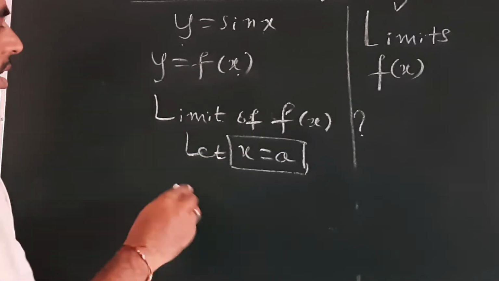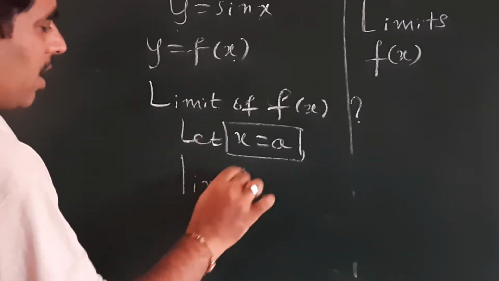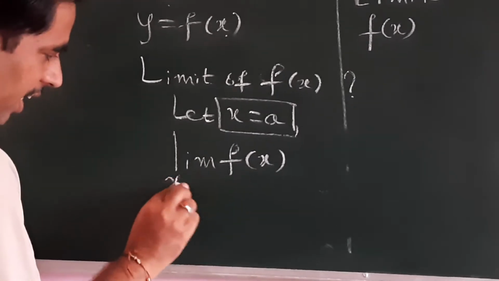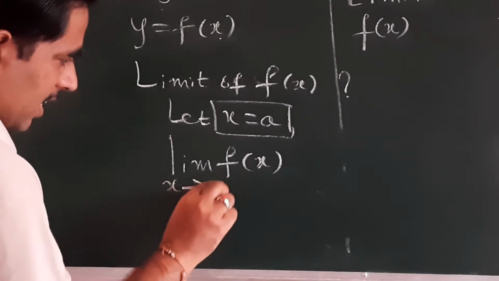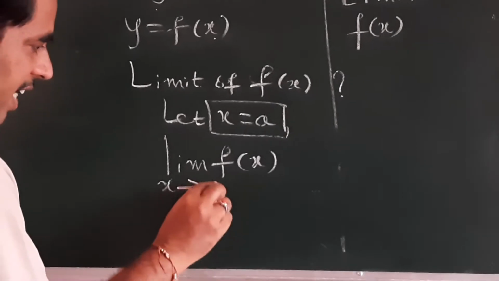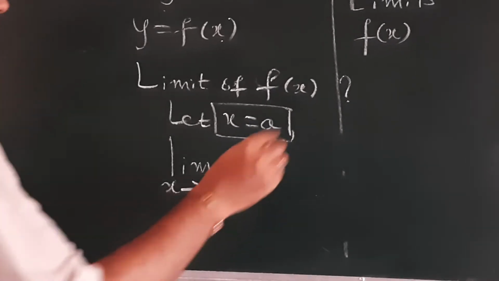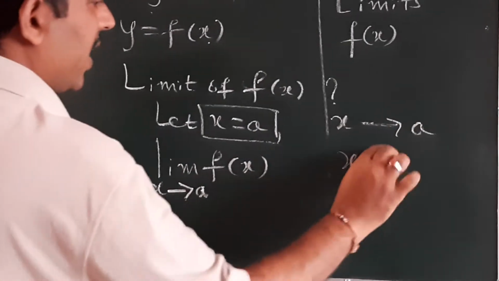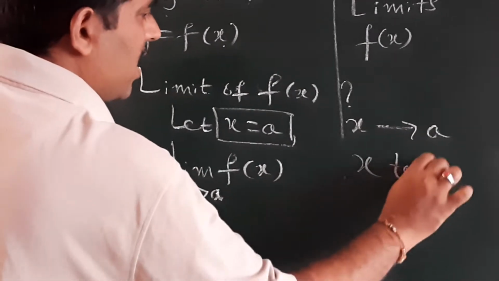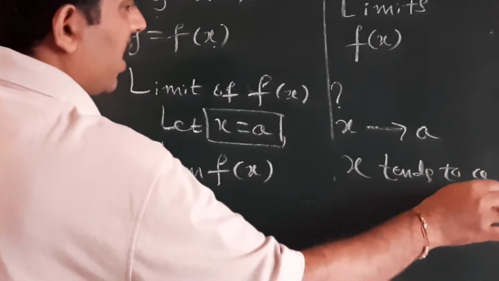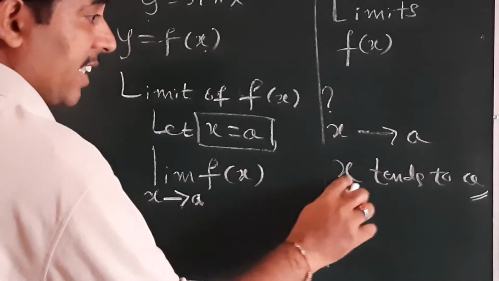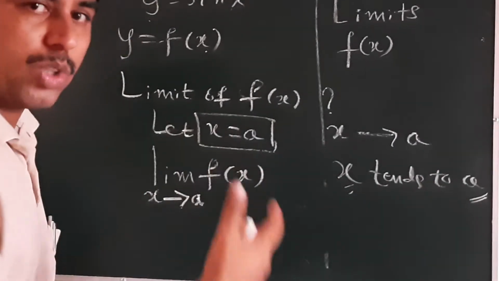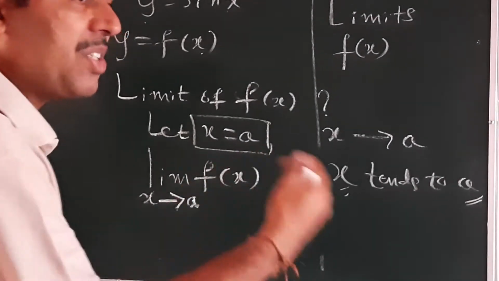Then how do you write the limit of the function? We write the limit of the function f of x, and we write the symbol: x tends to a. This is read as x tends to a, or x approaches a, or x is tending towards a.